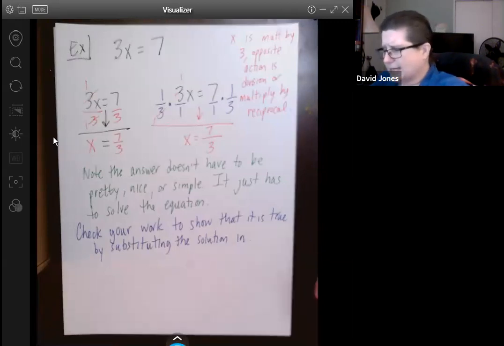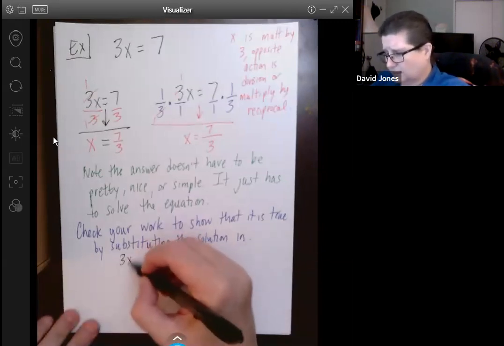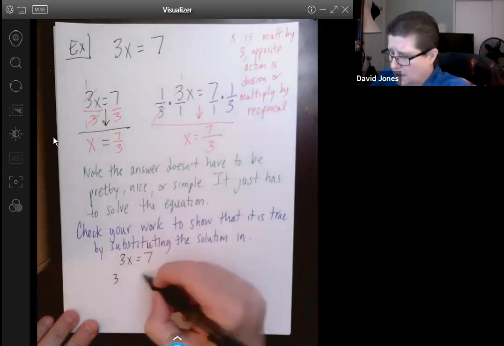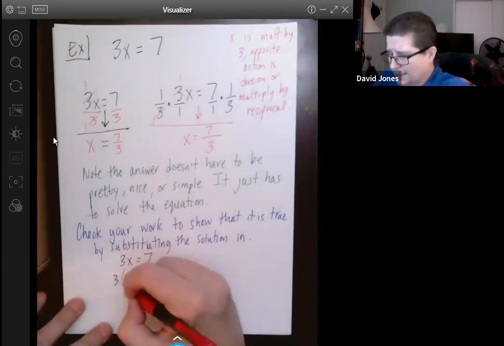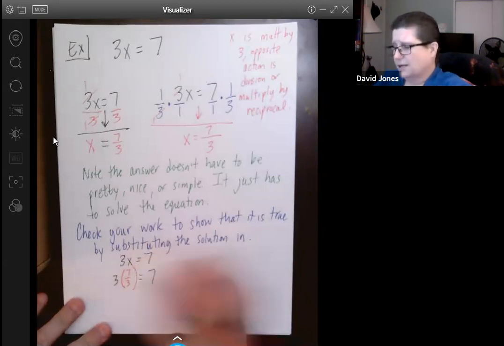So I had 3x equals 7. I'm going to substitute the solution in, putting it in parentheses, 7/3.